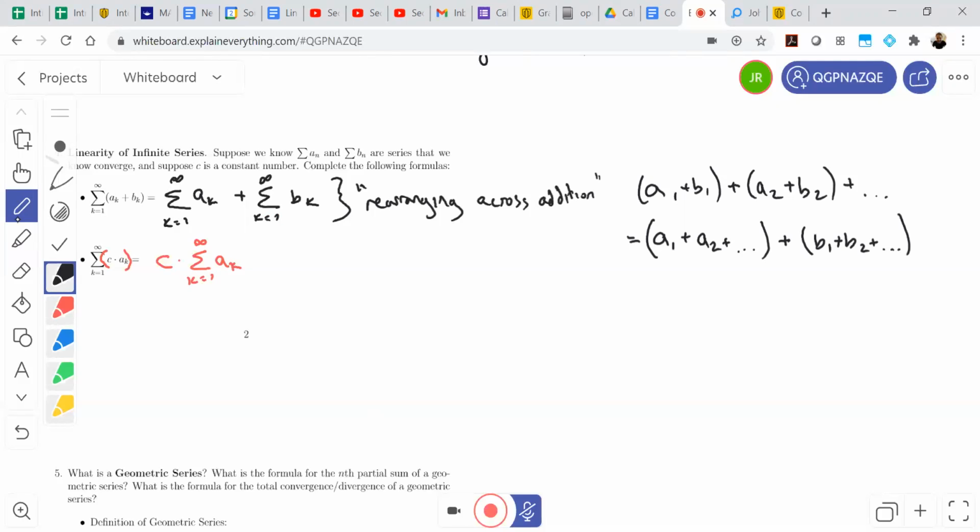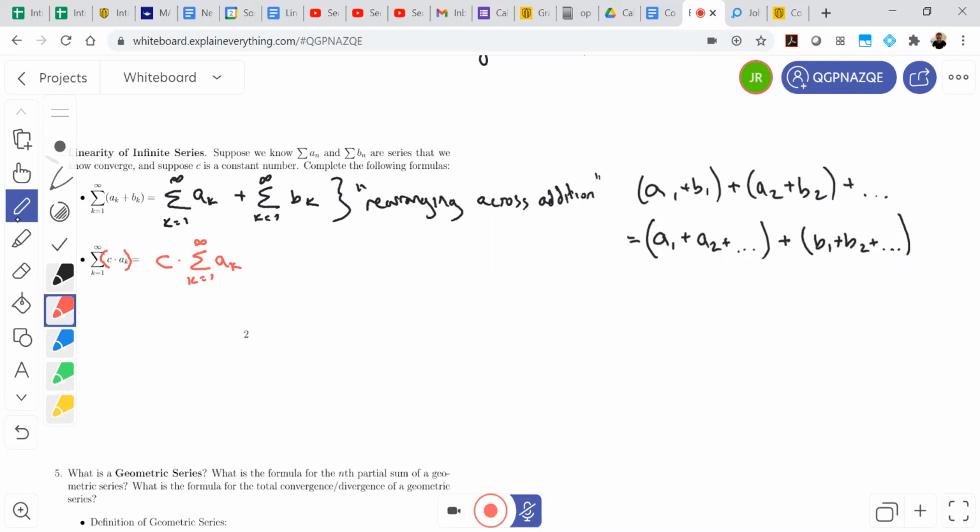So casually, this feels like we're just taking our series and rearranging it so that we're adding up all the A's first and then all the B's. I say casually and not formally because as soon as we start introducing things like infinity, this becomes somewhat problematic, or has the potential to become problematic. If we have a finite sum, we can add up those numbers in any order we see fit.